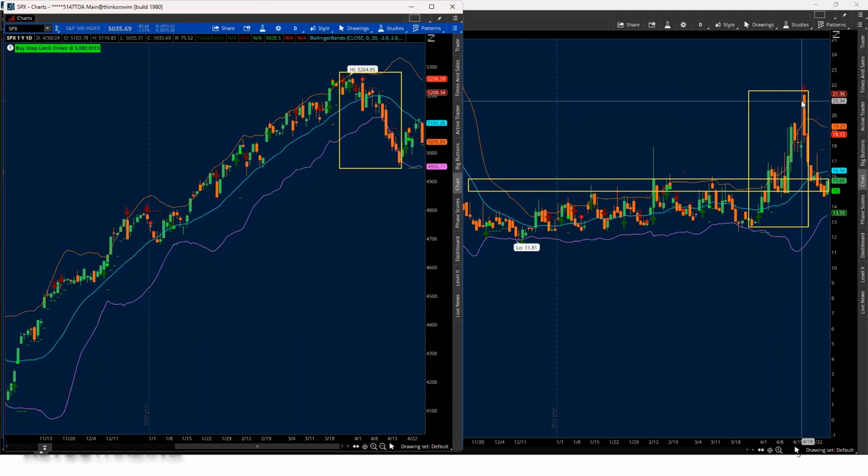So what we want to look for when we use volatility to time trend or market reversals is really two things. Number one, support and resistance levels. And again, this is why we map these out each week.